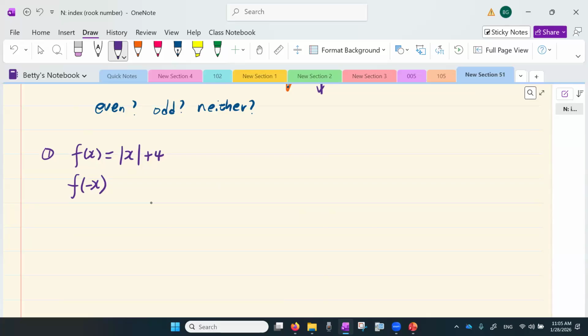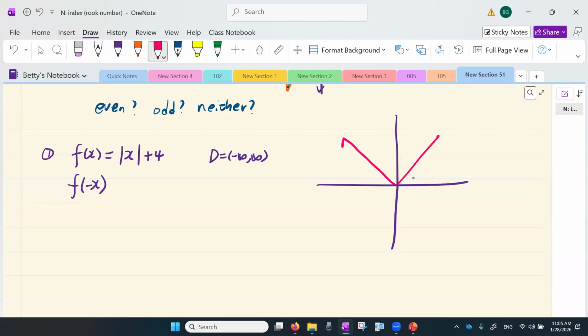Technically, we should look at the domain first, right? Are you able to determine the domain? Remember in the activity last week, you saw this graph. I drew this graph. This graph is the graph of the absolute value function. The absolute value function is also very important.